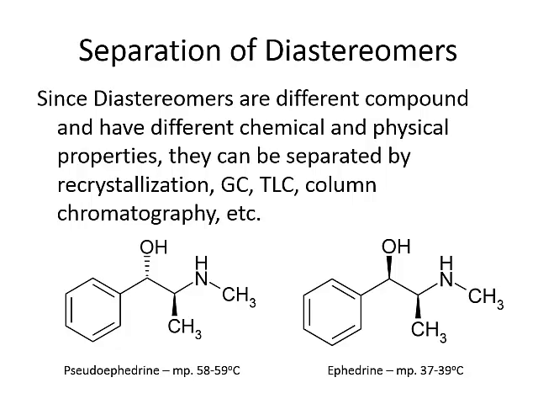It'll tell me whether it's D or L, but that's about it. It's not that useless. But it doesn't help me separate, because every single physical property is the same. Put them on a TLC plate, you get one spot. Put two enantiomers in a GC, you get one peak. They have exactly the same physical properties.